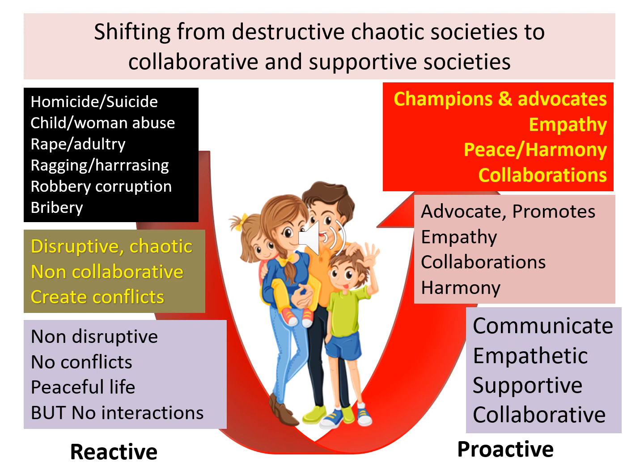Okay, from that point, probably in your education you inculcate good disciplines, control them, and educate them not to engage in bad behaviors, and further intensify your rules and regulations. Probably you can create a non-disruptive society with no conflicts, a peaceful life. But without interactions, all those approaches would be more reactive.